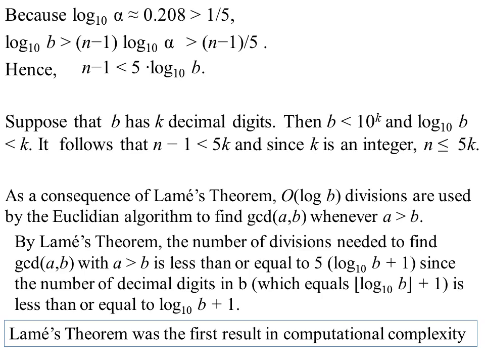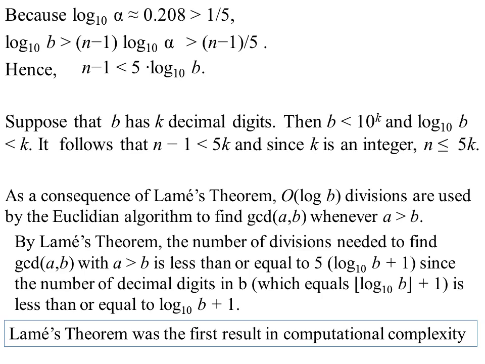In the previous step, we saw that log alpha base 10 is greater than 1 by 5. When you substitute it, it becomes greater than n minus 1 divided by 5. That is, log B base 10 is greater than n minus 1 divided by 5. When you simplify it, n minus 1 will be less than 5 into log B base 10.